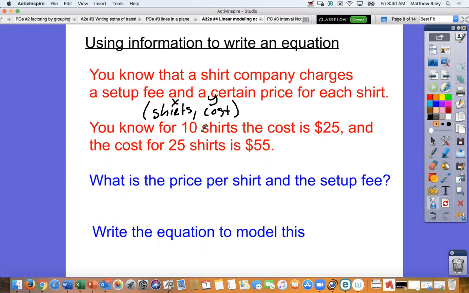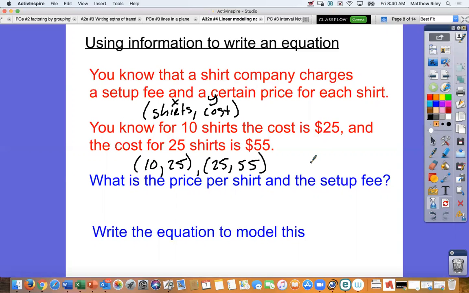All you really have to do is write the ordered pairs and do the same thing. So for instance, my first point, I know that 10 shirts cost me $25. I know that 25 shirts only cost me $55. Now, here's the thing.